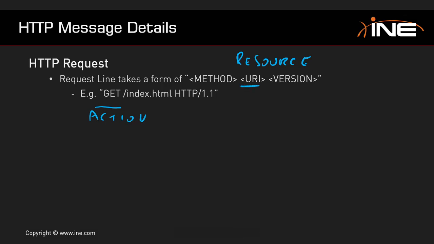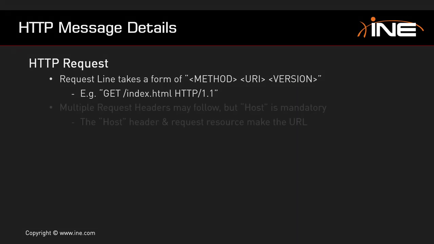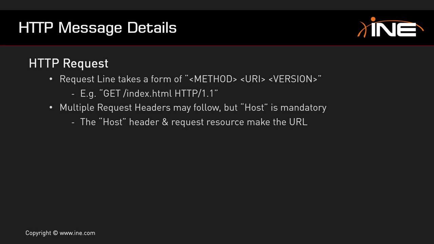For example, what file I want to download. And of course the version is how we signal to the server which HTTP version we want to use for the session.